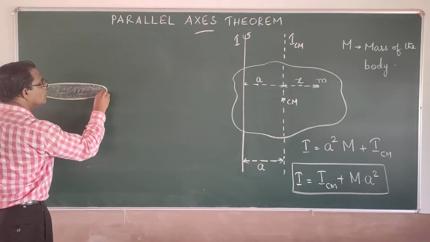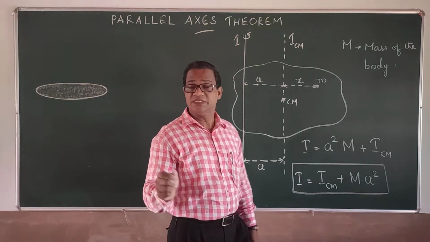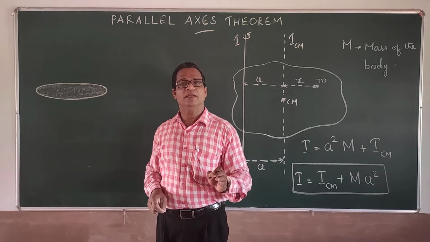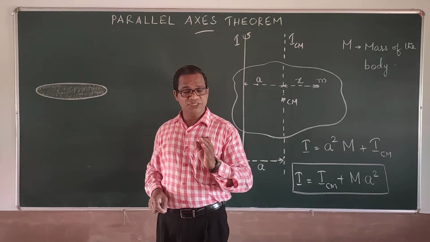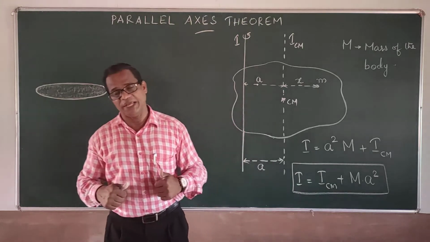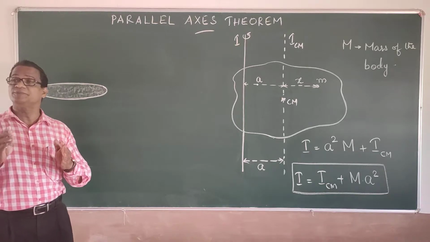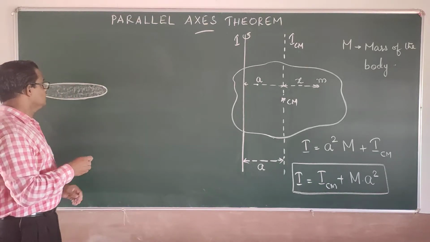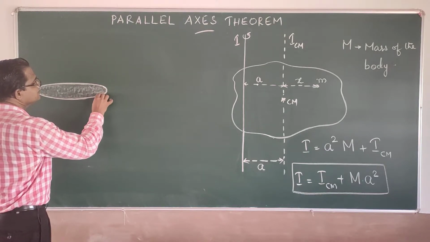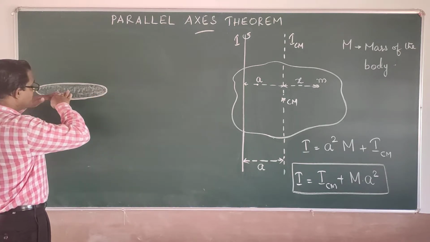Now, the question is to find the moment of inertia of this disk about a tangential axis perpendicular to its plane, that is, an axis touching the disk but perpendicular to its plane.